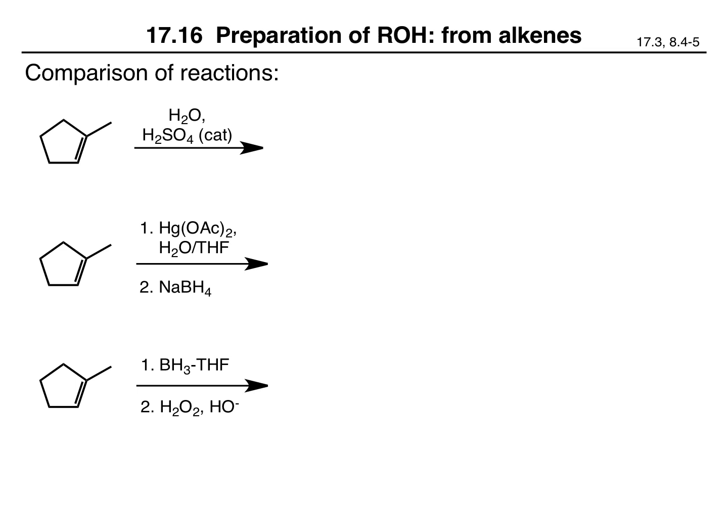Let's compare these three different methods for the conversion of an alkene to an alcohol. The first one is acid-catalyzed hydration, and this will give us Markovnikov addition of H and OH across the double bond. That will lead to 1-methyl cyclopentanol in this case. In comparison, the same starting material, if you carry out an oxymercuration demercuration, will also give the Markovnikov product.